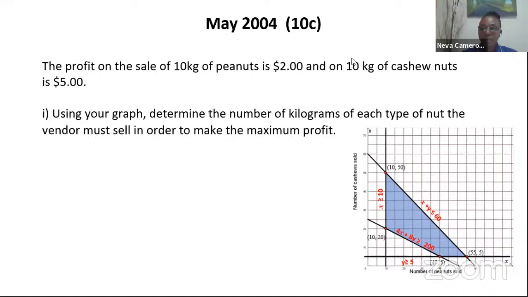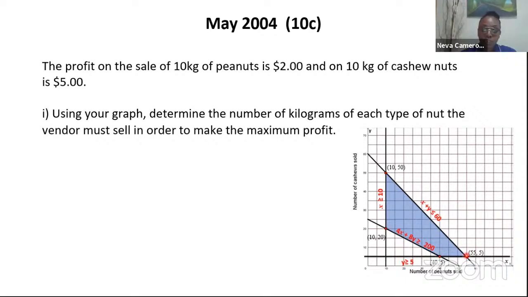All right. So let's look at the graph. Let us see if we can pull out some things. What if we only sold 10 peanuts and 20 cashew? So we are picking the coordinates that actually support the shaded region.